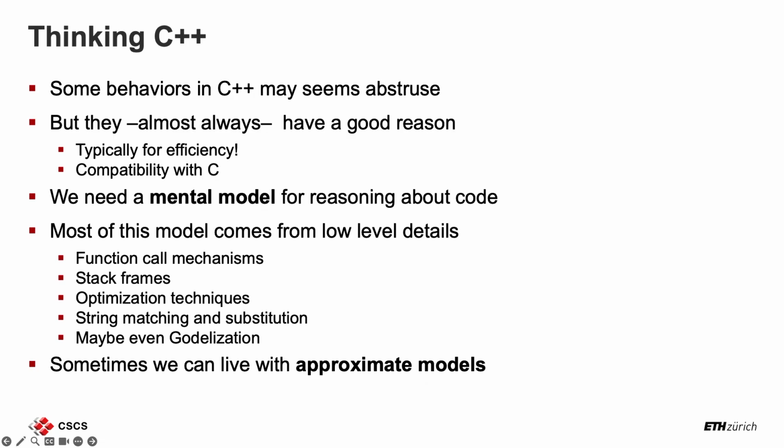I would like to close with this slide here. Some behavior in the C++ language might look a bit complicated or unclear. So why does this happen, right? When you look at the output of the compiler and you see long lists of things that are not right in your code, and you say, why is it so difficult?